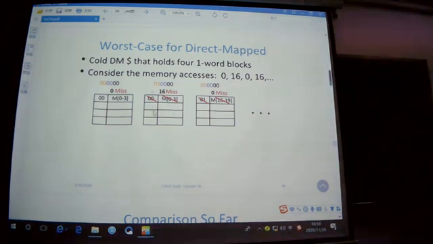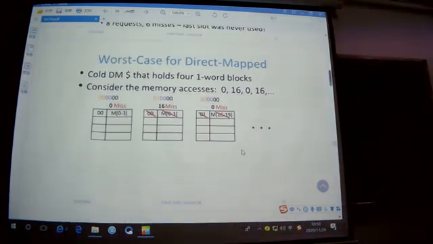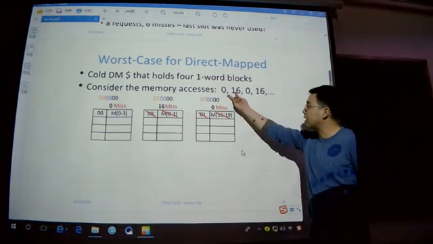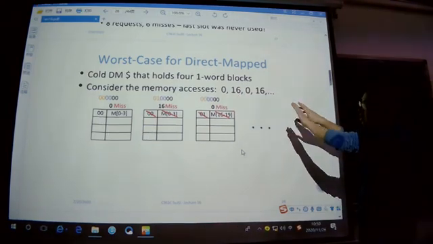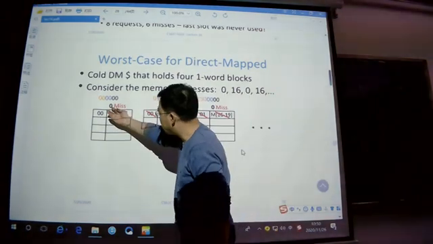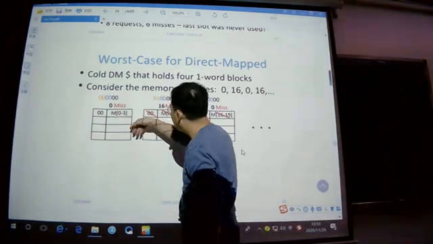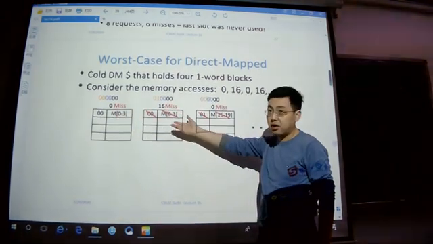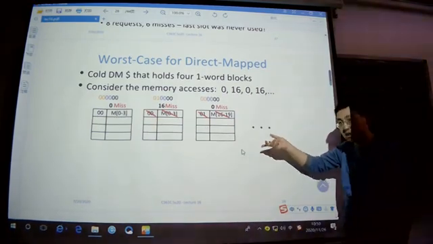This is a bad condition. You can find 0 and 16 have a far distance. So if we have 0, we are missing. If we have 16, we are missing. So miss. This is a bad condition.